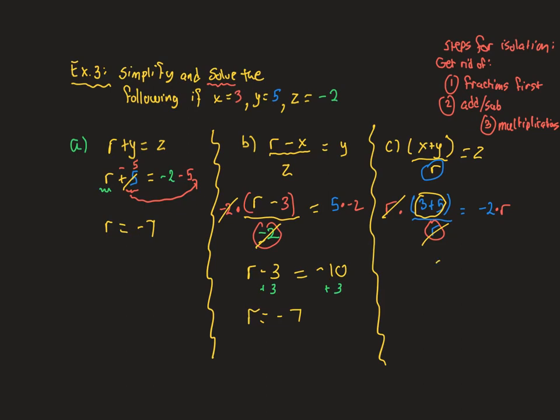That's going to give me 8 apples is equal to -2r. I want to get r by itself, and it's being multiplied. So I'm going to divide both sides by -2, which will give me a final answer of r is equal to -4.